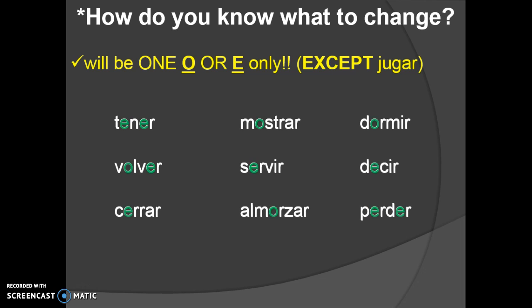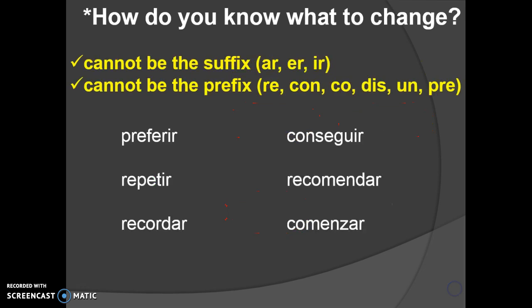Have the possibility of changing because only O's or E's get stem changed. So mostrar, you already know it has to be that O. In almorzar, you know it has to be that O. Dormir, you know it has to be that O. And the rest are still uncertain.